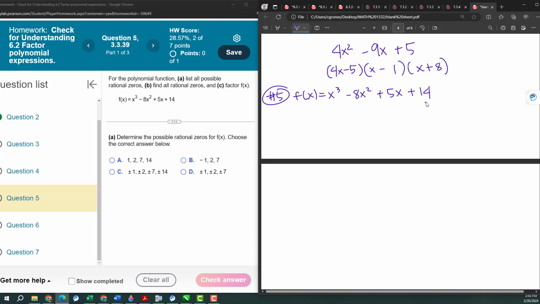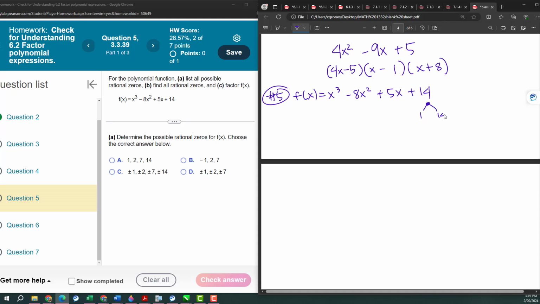So in order to find the possible rational zeros, I must find the factors of 14.